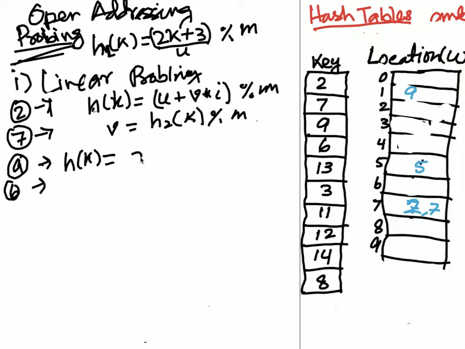That means 2k plus 3 is our u, and b is simple, so we can say k times i, and then the whole modulus m.